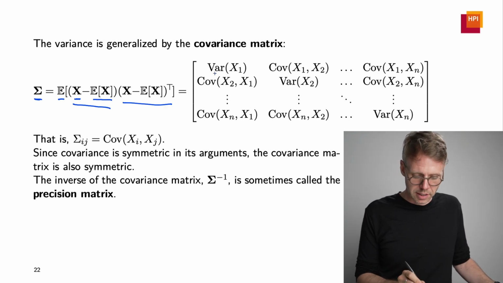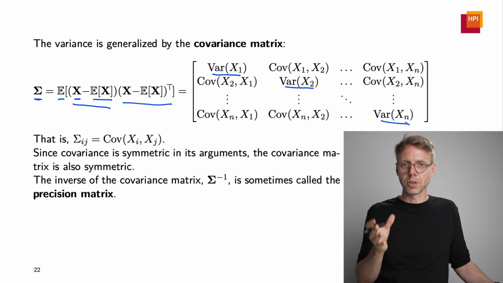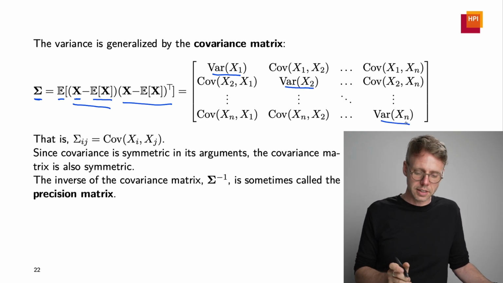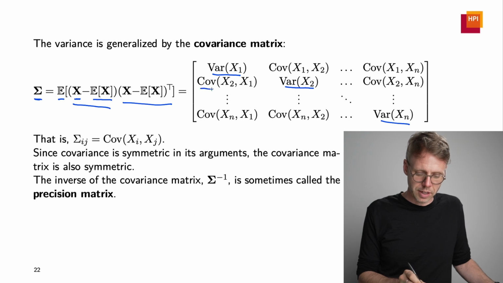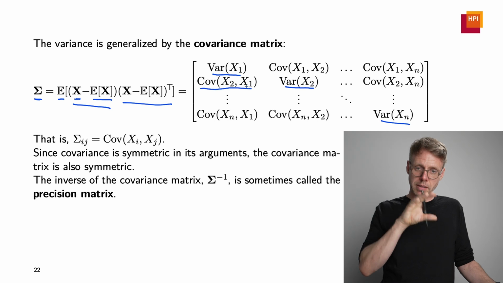On the diagonal, we have the variances of the individual components. And on the off diagonals, we have the covariances of the corresponding dimensions.